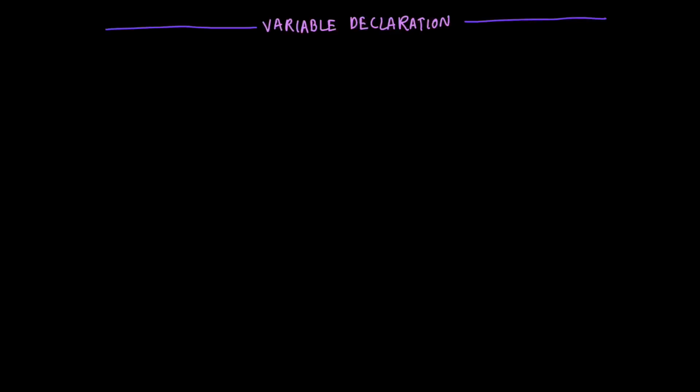Variable declaration. Now we'll go through the syntax of variable declaration. Syntax essentially means the format in which the code should be written for the compiler to understand. First comes the data type, let it be int, char, float, and then whatever name you want for the variable. But again, remember the rule.